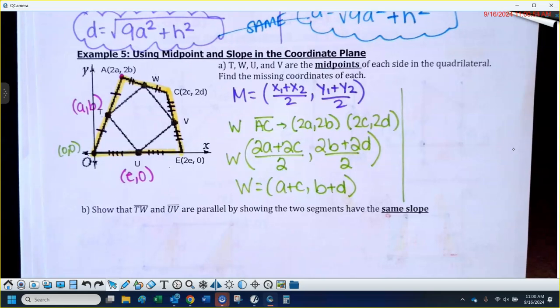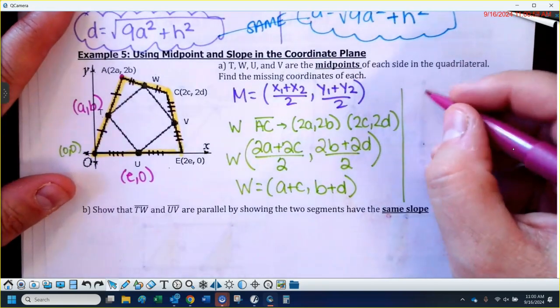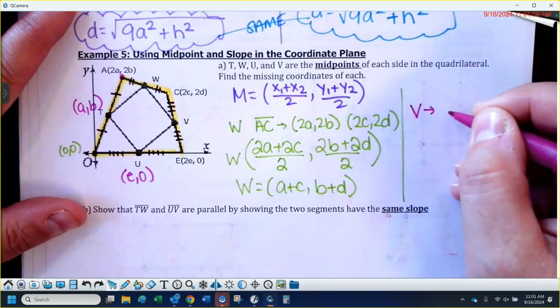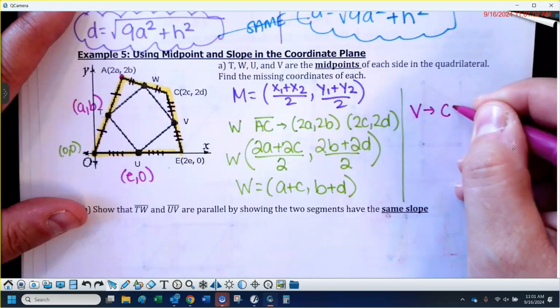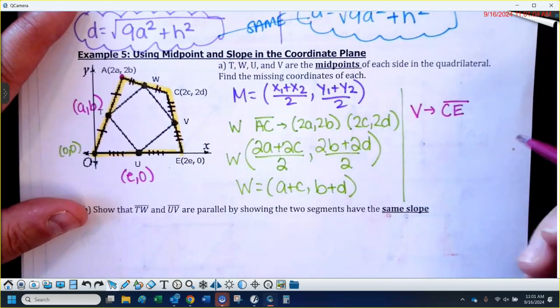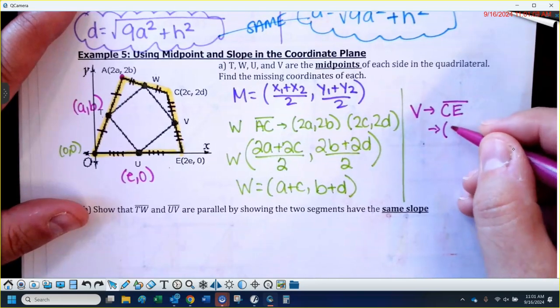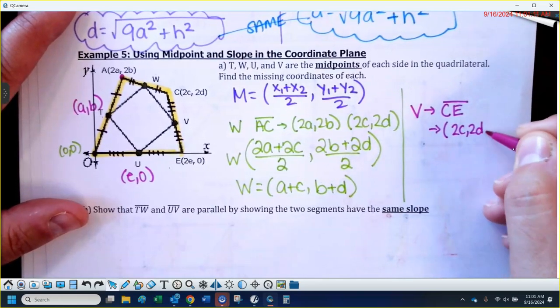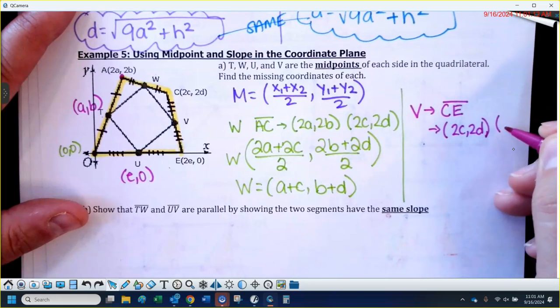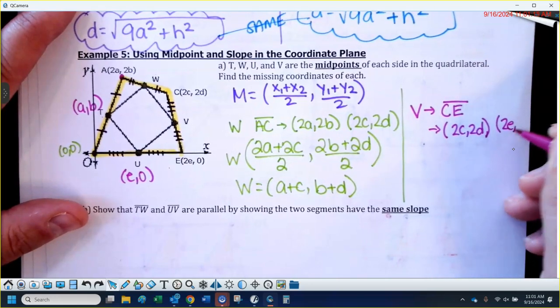Now, the other midpoint that we don't know, the only other one is the point V. So V is the midpoint of the segment CE. So let me just write the coordinates of C and E here. C is the point 2C, comma 2D, and E is the point 2E, comma 0.